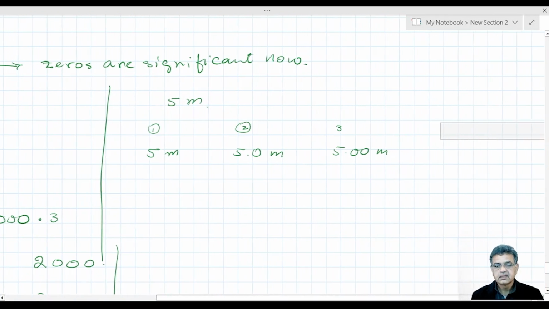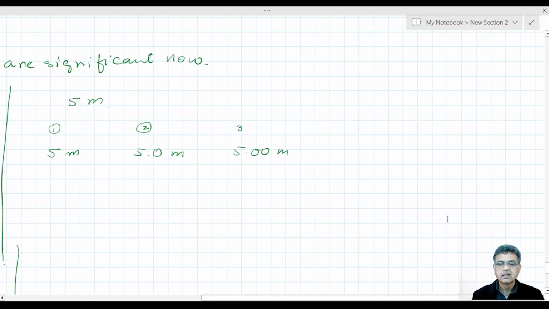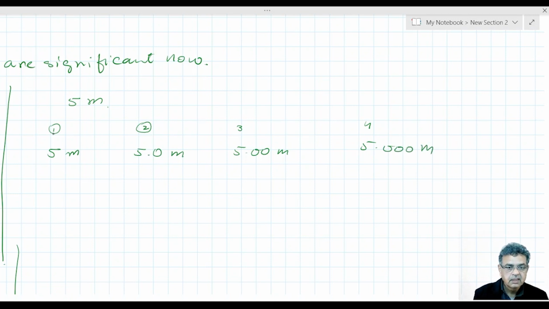And then as 5.000 meter. This is one significant figure, this is two significant figures, this is three significant figures, and this is four significant figures.